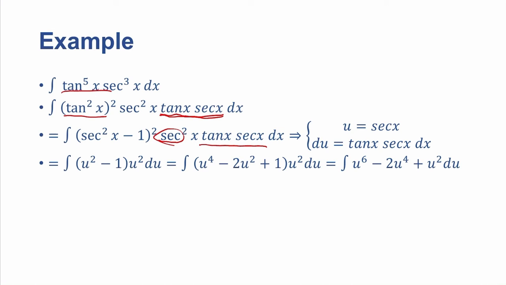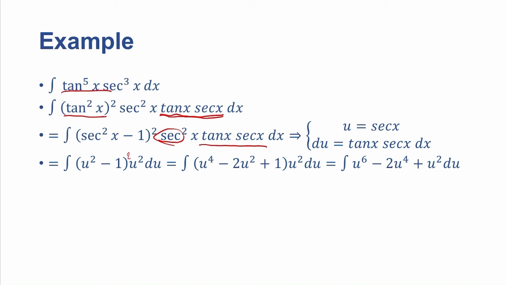So now all that's left is to plug in and do some algebra. This gives us the integral of u squared minus 1 quantity squared, times u squared du. And that gives us the integral of u to the 4th minus 2u squared plus 1 times u squared du, which gives us u to the 6th minus 2u to the 4th plus u squared du.